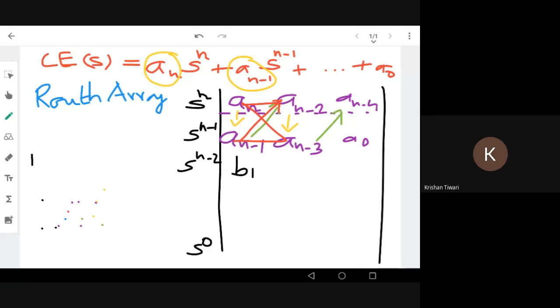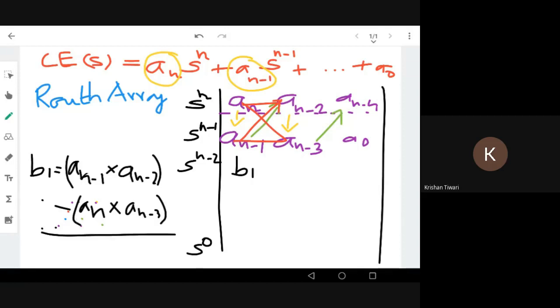I'm writing the equation for b1 here: b1 equals a_(n-1) into a_(n-2), starting from the bottom and going to the top, minus a_n into a_(n-3), again the multiplication from top to bottom, and the whole thing divided by a_(n-1).